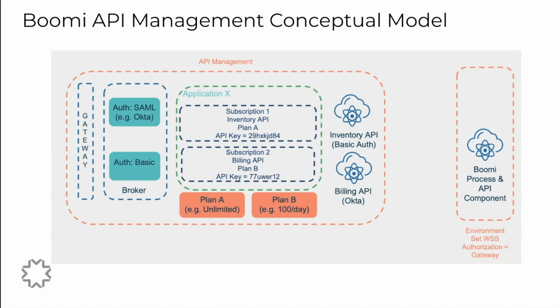And we'll talk about these in a minute, but the combination of an API, a plan, and a subscription results in an API key. And we'll see how this works in a little bit. So when a request comes in, essentially that API key is what uniquely identifies a consumer calling a specific API with a specific plan. And then here you have API proxies.